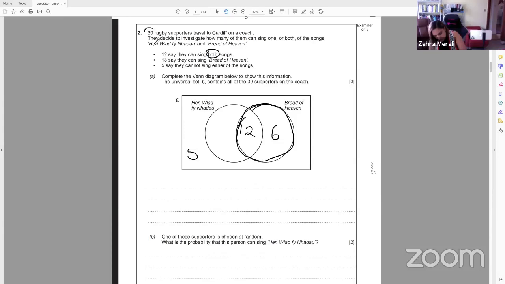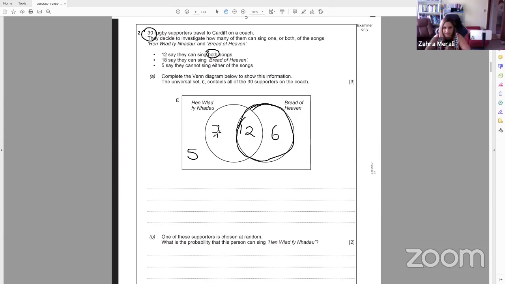But in total, we've got 30. So the whole box has to add up to 30. So we can do 30 minus 5 minus 6 minus 12. And that's going to give us a 7 there. And we've completed the Venn diagram. Then it tells us one of these supporters is chosen at random.